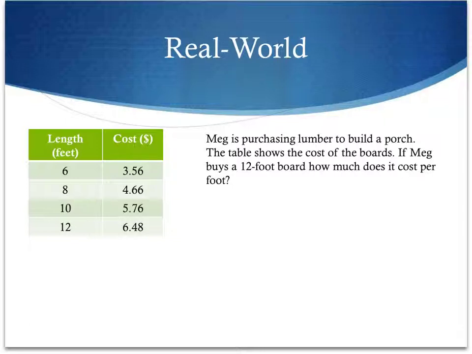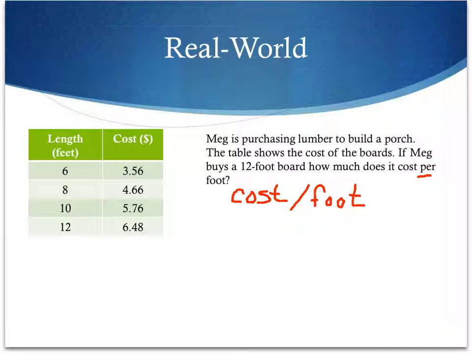The word per is a very, very important word. The word per tells me that I need to divide. So, I want to know what's the cost per foot. The cost per foot. This helps you to set up the problem correctly.